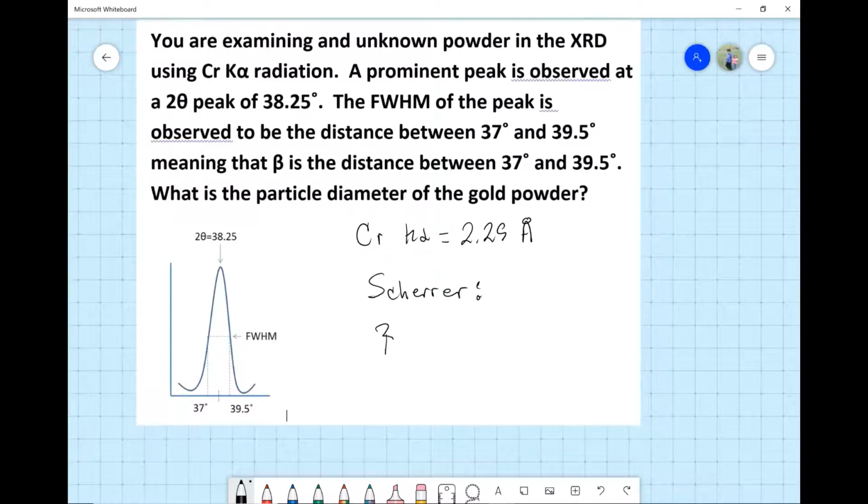So beta, the 2 theta peak width, equals K lambda over D cosine theta. Let's just say K equals 0.9. It's an arbitrary constant, usually 0.9.